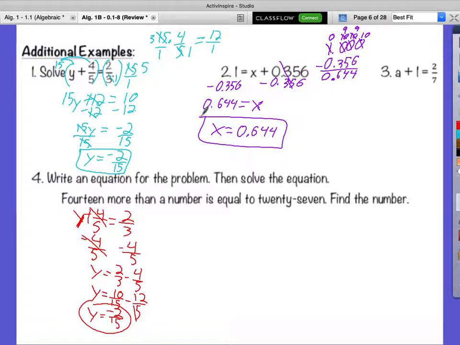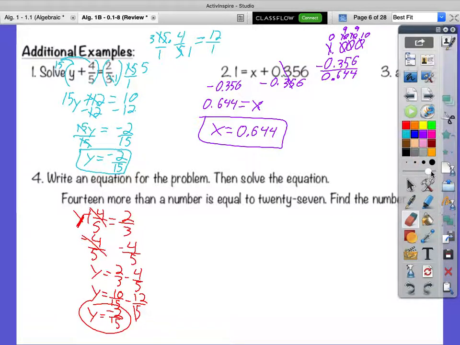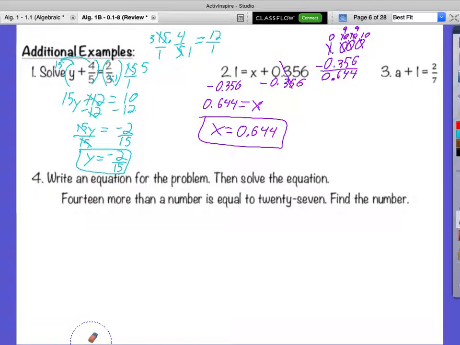Hey, actually, what I want us to try is call a bit of an audible here. Audible means slight change.